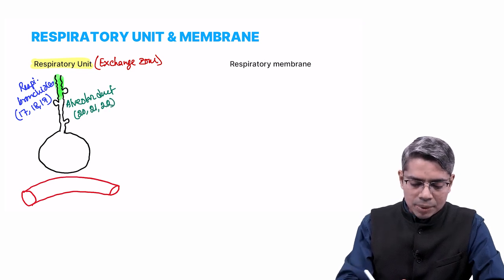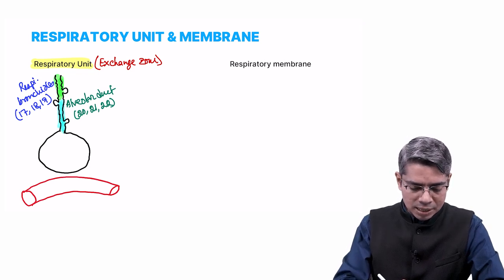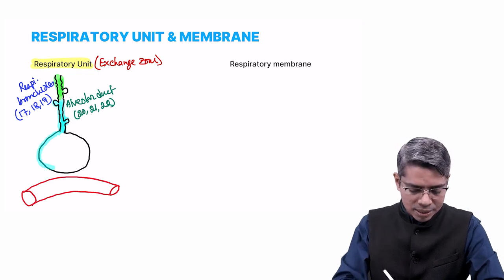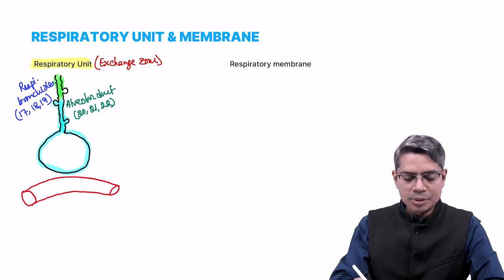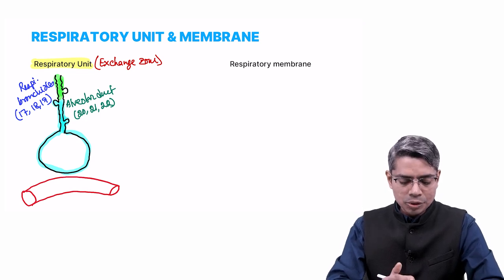And after this alveolar duct, the remaining portion is nothing but the alveoli, which is division number 23. So this unit is known as the respiratory unit because gas exchange is going to happen in this zone only.